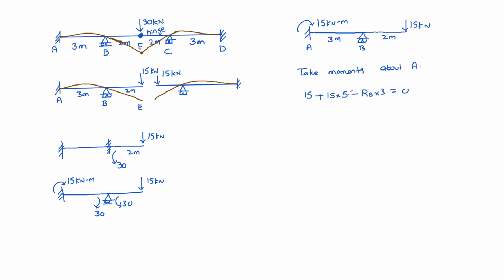So 15 into 5 is 75 and 90 minus RB into 3 equal to 0. So RB equal to how much? 30. See, RB equal to 30 kilonewtons. Obviously, RA will be downward 15. So this is the analyzed one. Okay, this is the analysis for this beam.